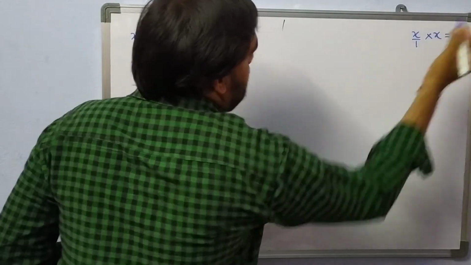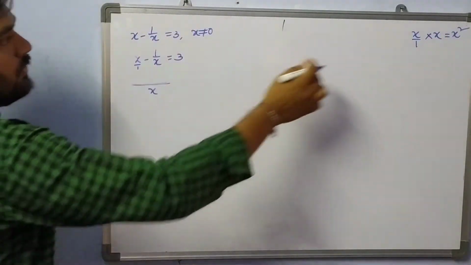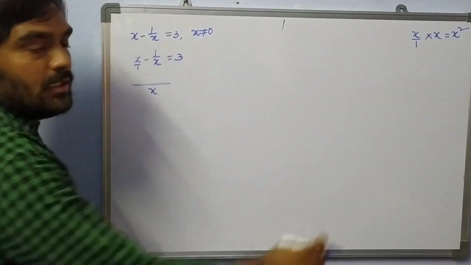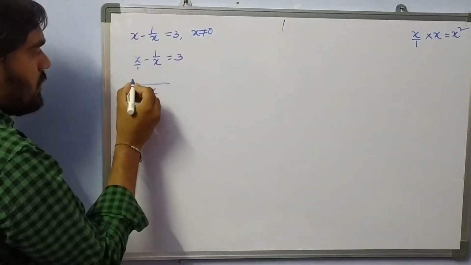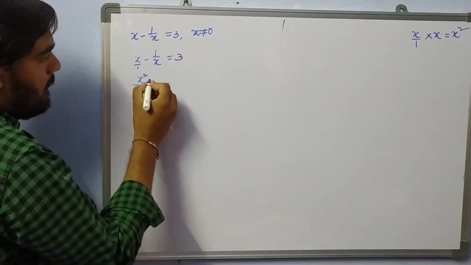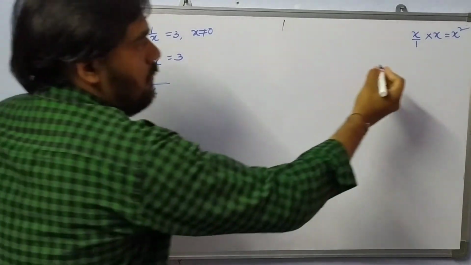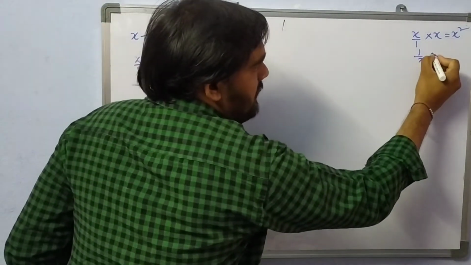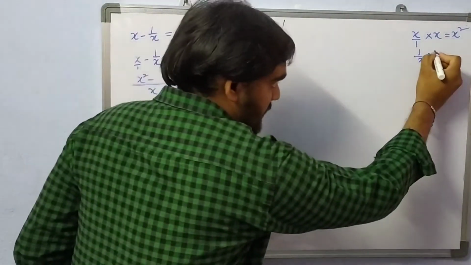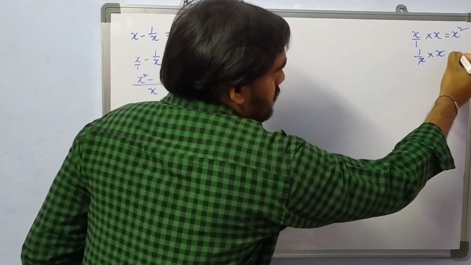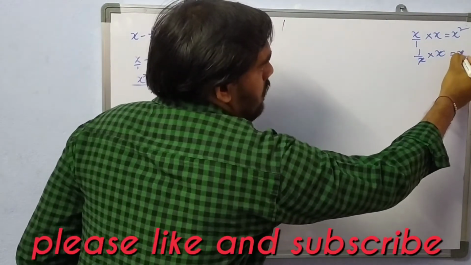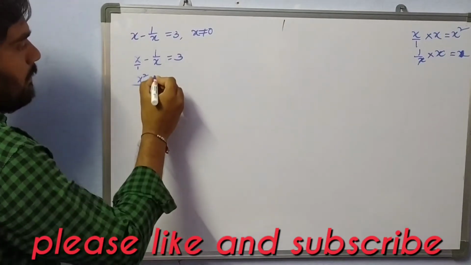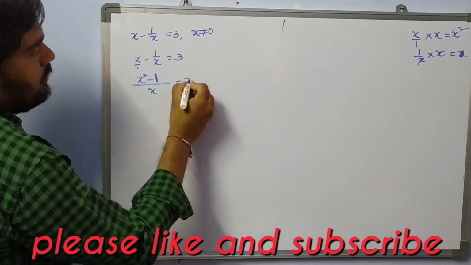So x by 1 into LCM x gives x square. Next, x square minus 1 by x into the next term 1 by x, we multiply with the LCM, so we will get 1. So x square minus 1 is equal to 3.